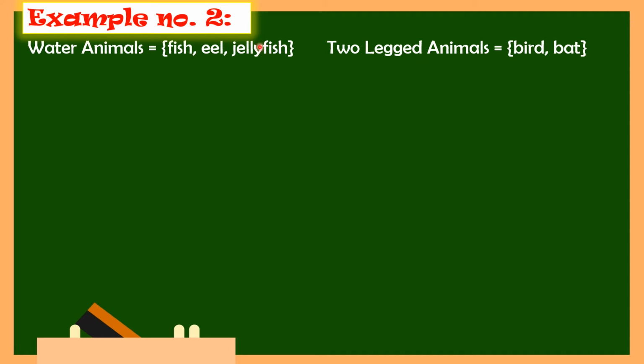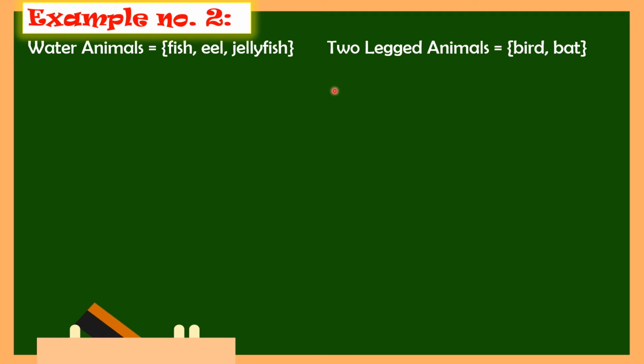So, as you can notice, may similarities ba ang two sets natin? So, very good. Wala. Unlike kanina nung example number 1 natin, may common characteristics yung moth and butterfly. But for this time, yung water animals and yung two-legged animals natin based sa given ay walang similarities.